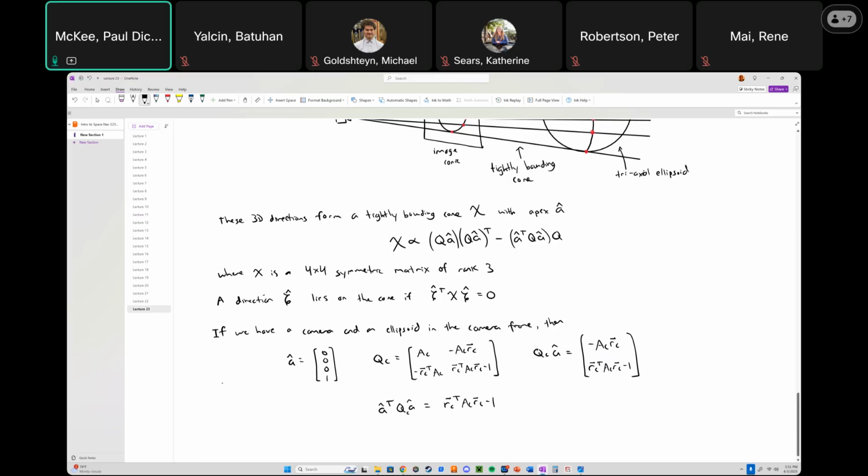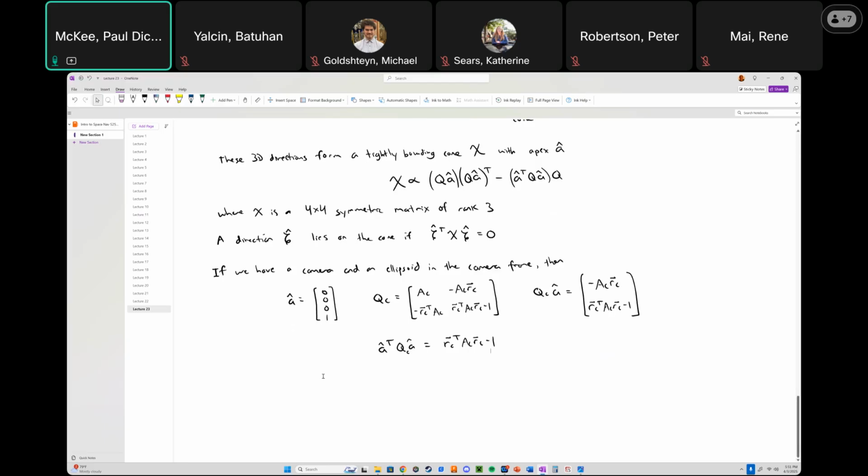Okay, so we're building towards something, and bear with me here. We said that chi, this tightly bounding cone here, is going to be Q A transpose minus A hat Q A hat times Q. So we need to actually go work that all out. We're only going to have to do it once, though.